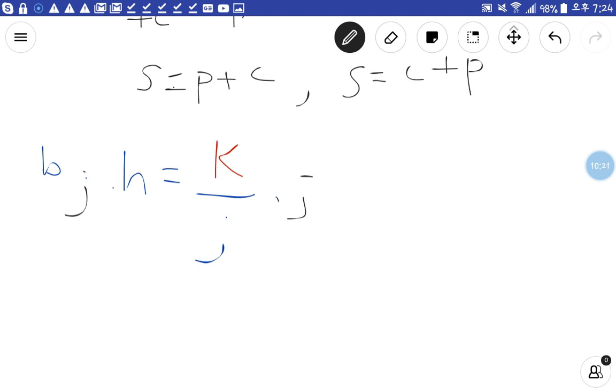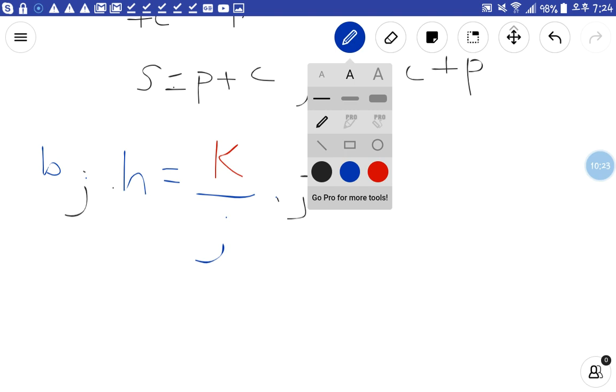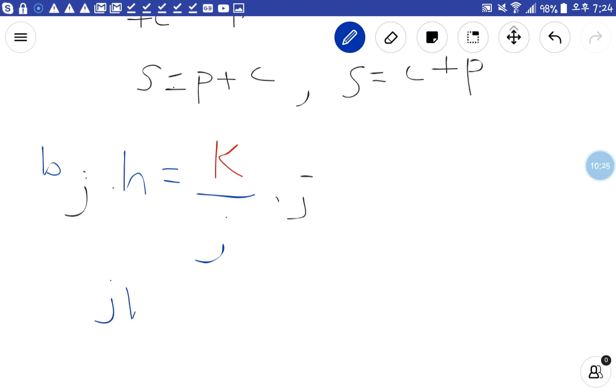On your left side, you would have J times H, JH equals K. Or some of you may have K equals HJ. That would work as well because multiplication order doesn't matter.